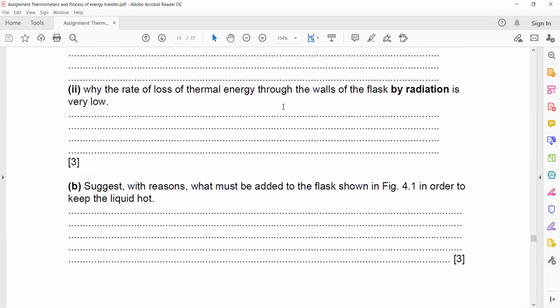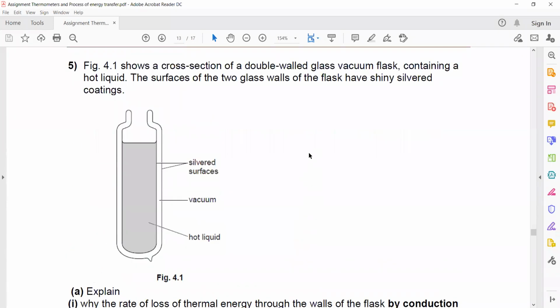Suggest with a reason what must be added to the flask in order to keep the liquid hot. If you want to keep this liquid hot for a longer period of time, what should we add to this flask? We should close this, because still, due to convection and evaporation, the molecules can escape and this liquid will cool down.